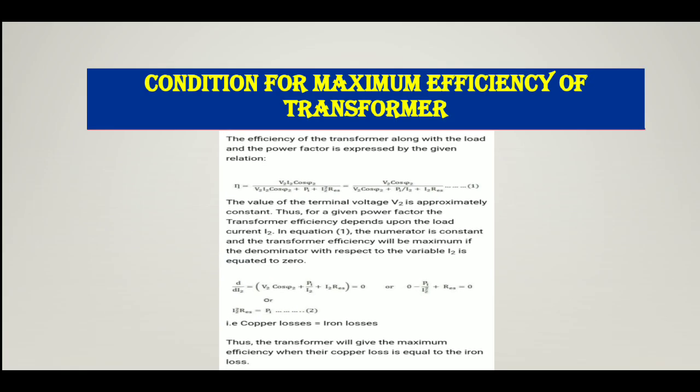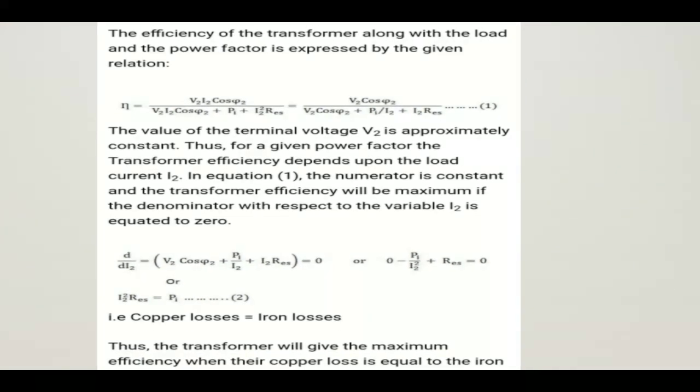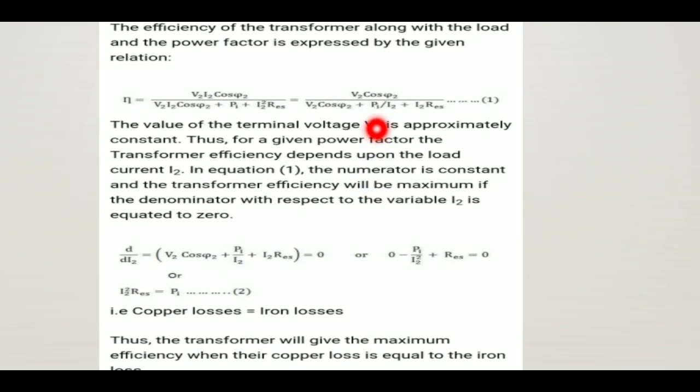So when the efficiency is maximum, or when the efficiency is increased, if we reduce the denominator part, or if the value of the denominator part is 0, then the efficiency is also increased.